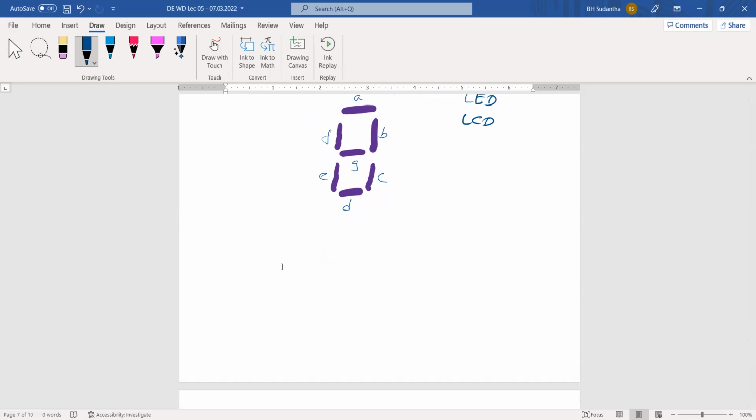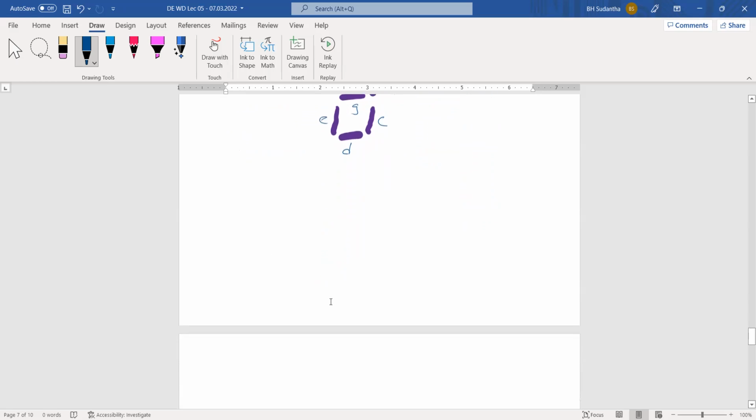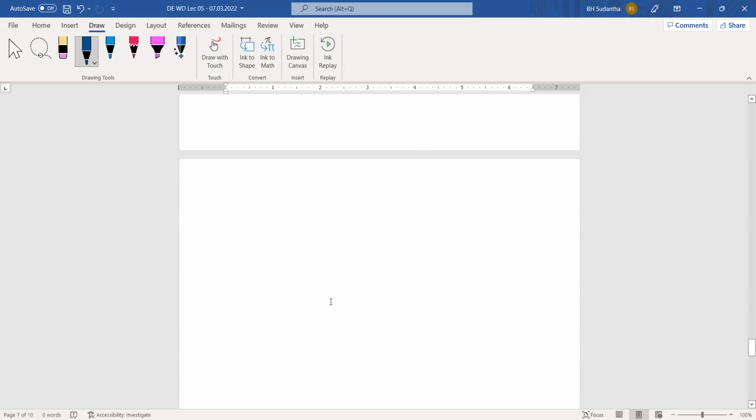Okay. Now you can see that, if you want to display number 0, what are the segments we can turn on?